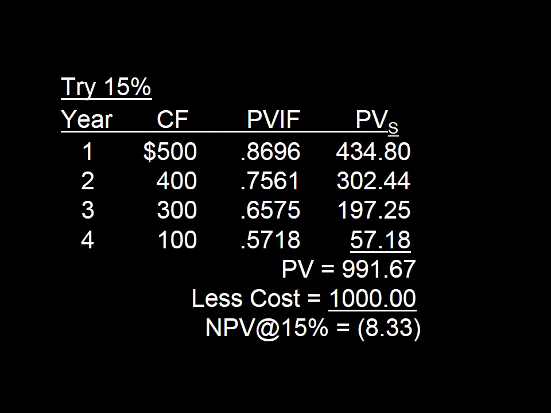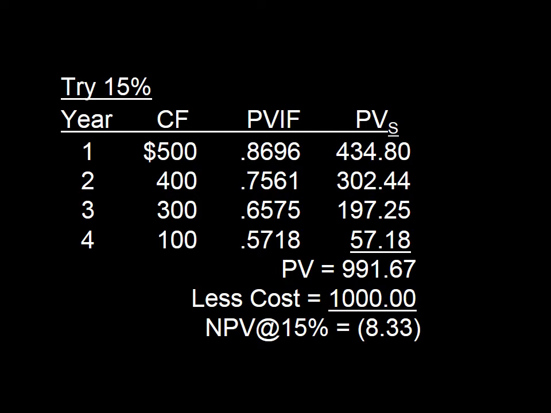Now I'm showing the present value interest factors at 15% for years 1 through 4, and using the same cash flows we had in our original problem, I'm multiplying to get the present values and summing them up. Now I have a present value of $991.67.